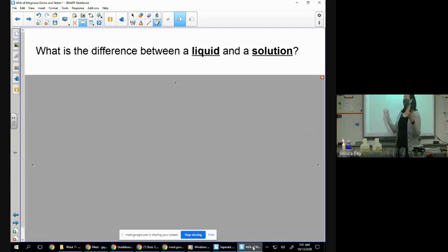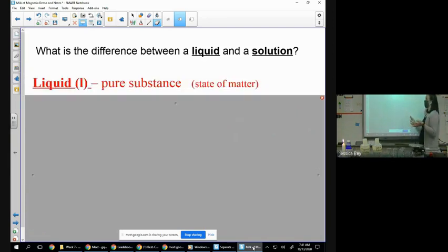Again, I'd really only write the red portion. A liquid technically should only be used as a term when you're talking about a pure substance like distilled water, mercury, liquid iron. It is a state of matter.